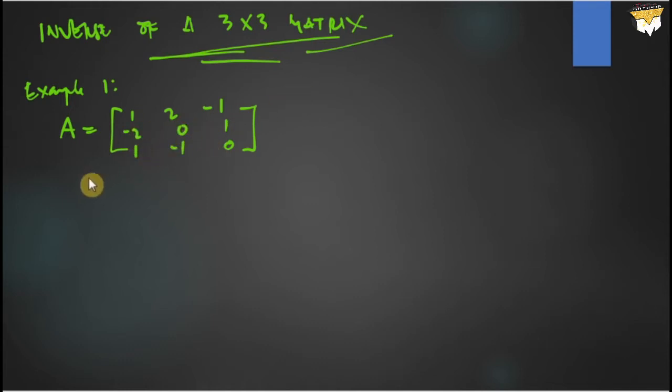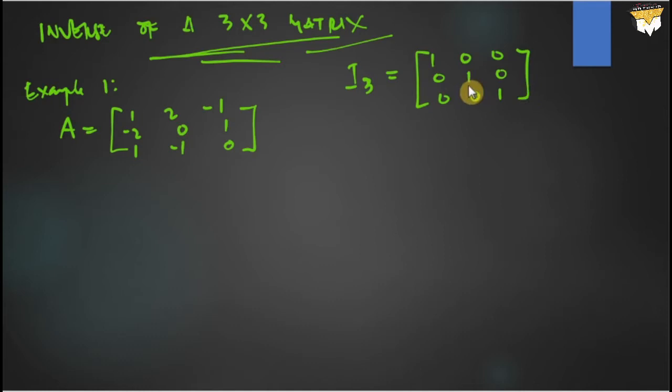So, in solving this, we have to know about the identity matrix of a 3 by 3 matrix. Ano bang identity matrix? So, the identity matrix of a 3 by 3 matrix is equal to 1, 0, 0, 0, 1, 0, and then 0, 0, 1.